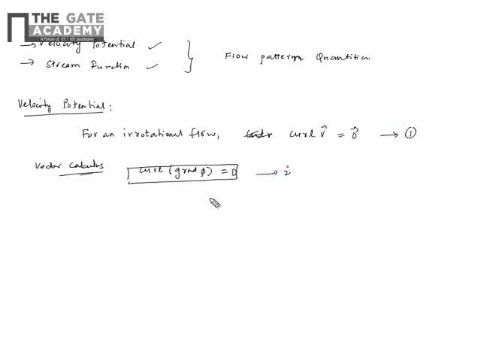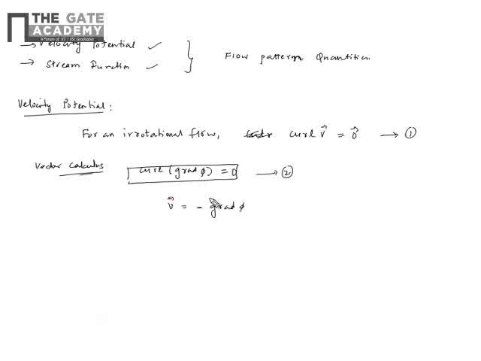So if I understand 1 and 2, the velocity vector I can write in terms of grad phi, or minus grad of phi. The minus will not change this, because if you replace V bar as minus grad phi and take out the minus common, it's still going to be a case of irrotational flow.